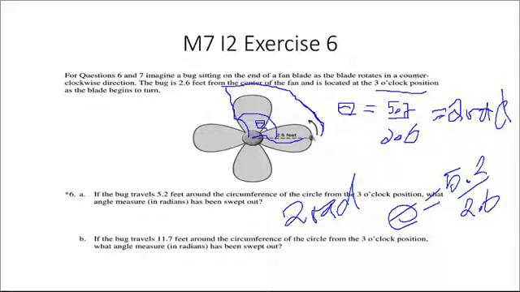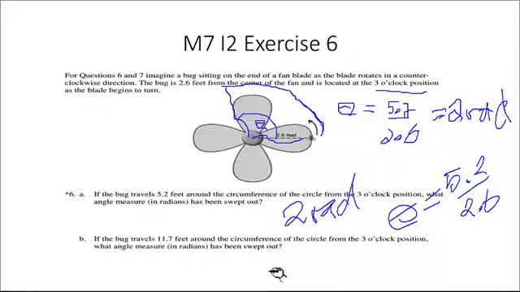Now, for a similar question in B, we could maybe intuit the result. 5.2 is 2 radians, and 10.4 would be 4 radians. We've gone more than halfway around the circle in that case, and then about 1.3 more feet. Let's figure this out.